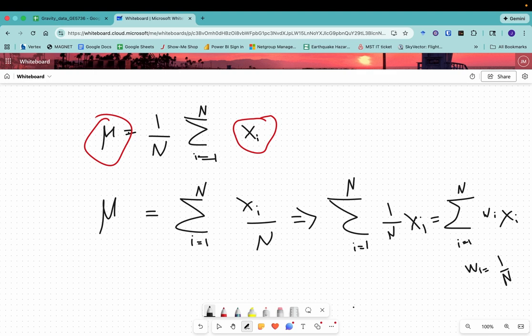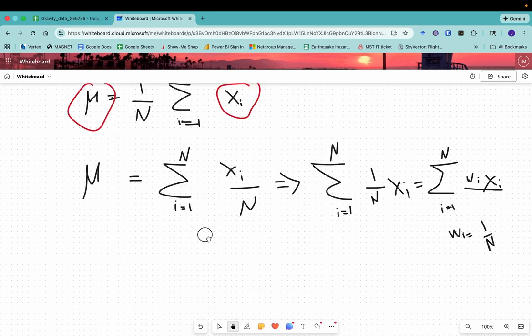So a regular average is just simply a weighted average, where the weights are all the same and they're equal to 1 over the number of measurements. That's what a regular average is. And so you can imagine now what we can do is we can change these wi. We can change the weights to be whatever we want as long as they meet certain criteria.